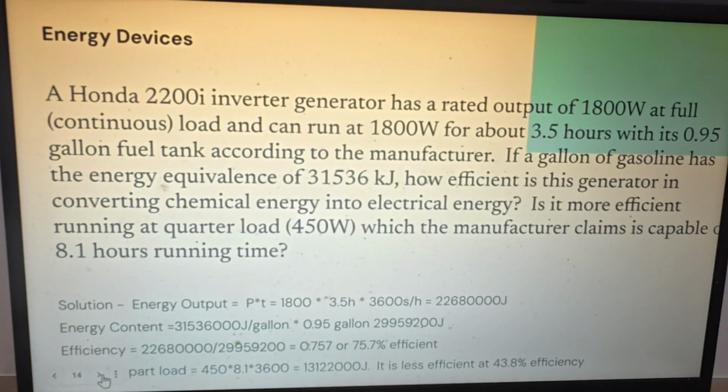Now, the manufacturer says at part load it can run for 8.1 hours at 450 watts, so you multiply it out, 450 times 8.1 times 3,600 seconds per hour, and you get 13.122 megajoules of energy. So it is less efficient, even though it can run longer. It is less efficient at part load than it is at full load. It's only running at 43.8% efficiency.